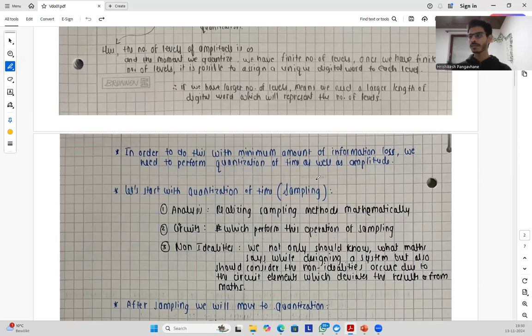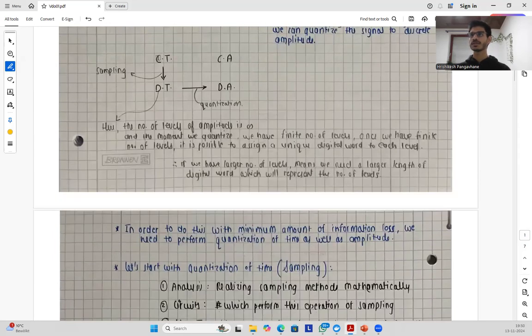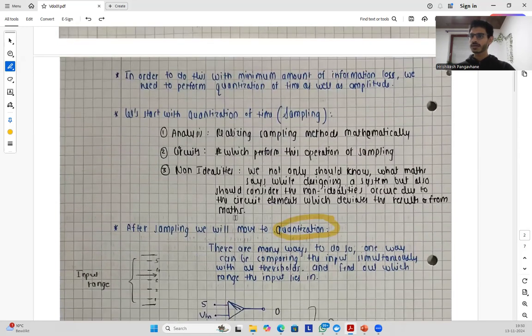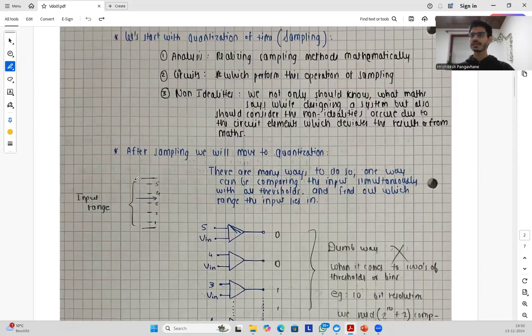So after sampling, we will move to quantization. Here quantization means the quantization of amplitude, because as we decided the flow, after sampling we will talk about quantization. Now we talked about levels. Now we have a signal which is like this.